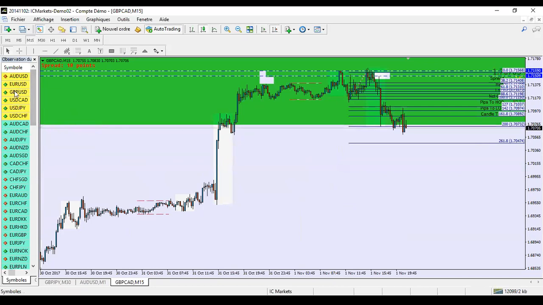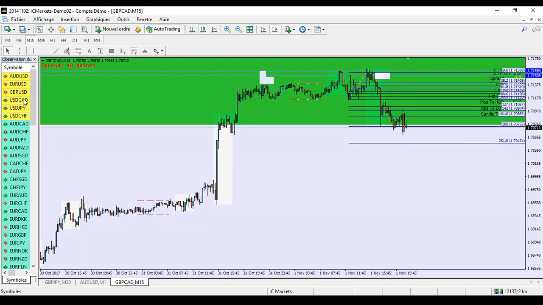Yeah, those are the majors. What I do is I take a cross with any one of those pairs: AUD, Euro, GBP, USD, JPY, CAD, CHF. So any cross between those pairs, it could be CAD JPY, GBP CAD, GBP CHF. But I will never trade another cross.